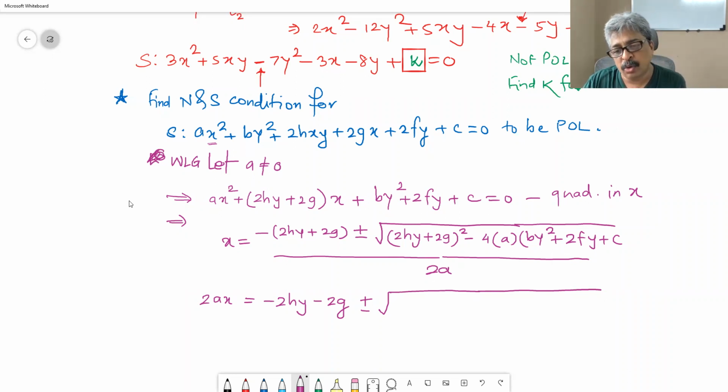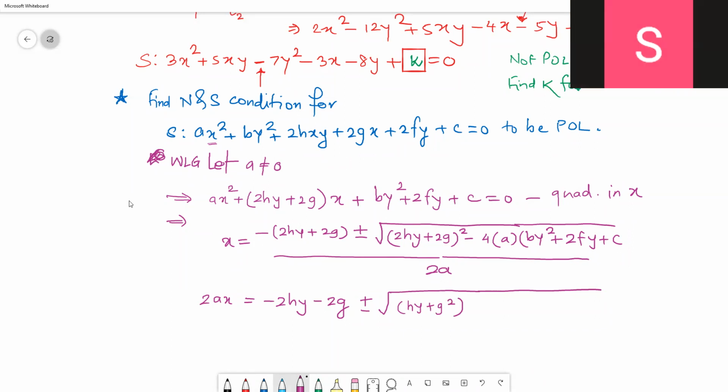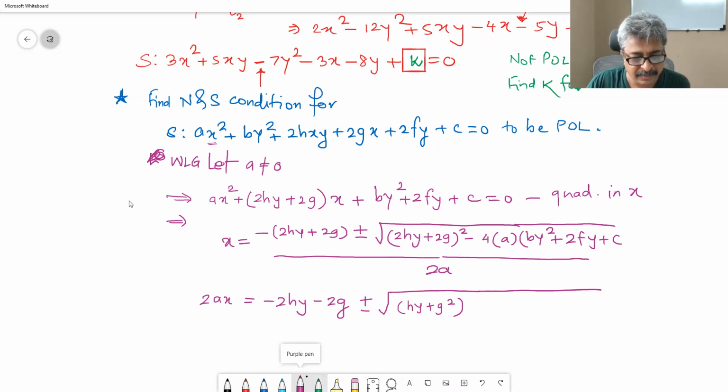Anyway, we have to concentrate on what this is, and therefore we can take this 2 out and make it look a little easier. That is (hy plus g) square. 2 square, that is 4, comes out, becomes 2, and 2 gets cancelled. Is it okay? And then 2 cancels out from everywhere.